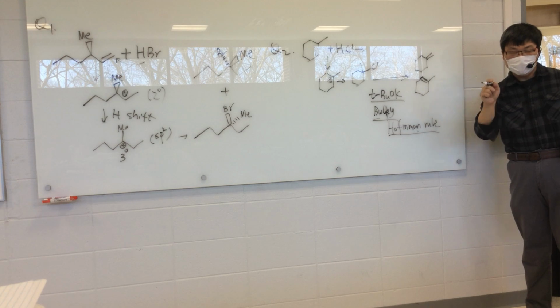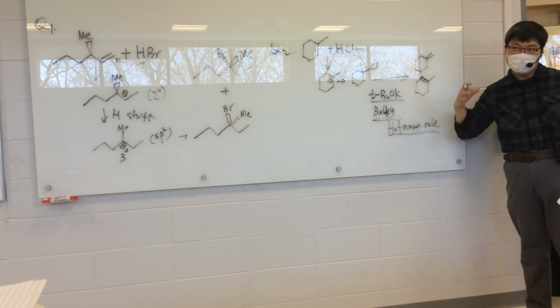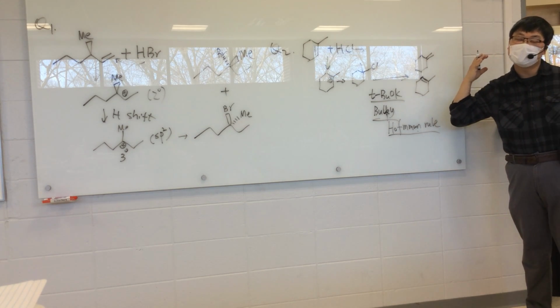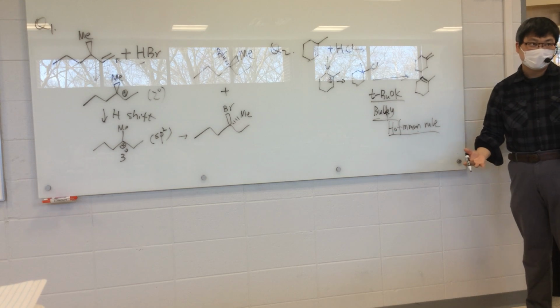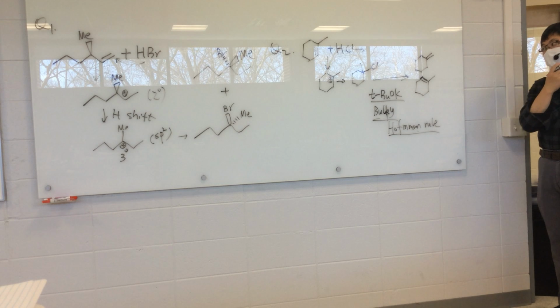That's the reason when you see the chemical shift for NMR, the hydrogen attached to a double bond has a higher chemical shift. Why? Because it has a lower electron density. Yes?